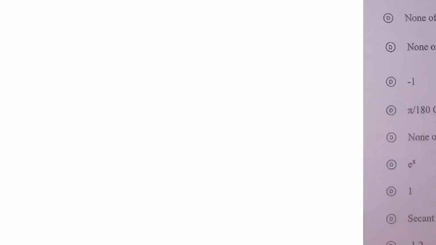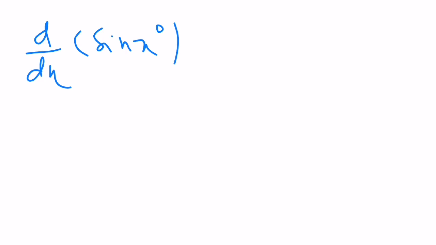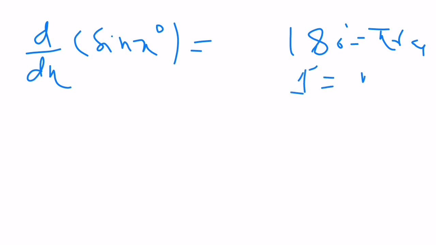Derivative of sin x power 0, meaning degree. As we know that 180 degree is equal to pi radian, so 1 degree is equal to pi divided by 180 radian.